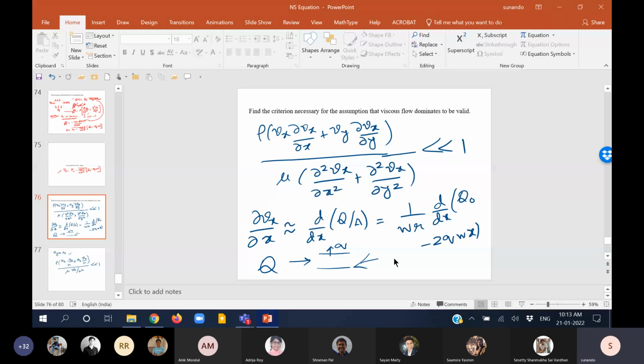Do you identify any perturbation that I am providing in here? Small q. So the small q has to be small in order for the assumption that viscous flow is going to dominate. Is there any physical property which would tell you that viscous flow is going to dominate?